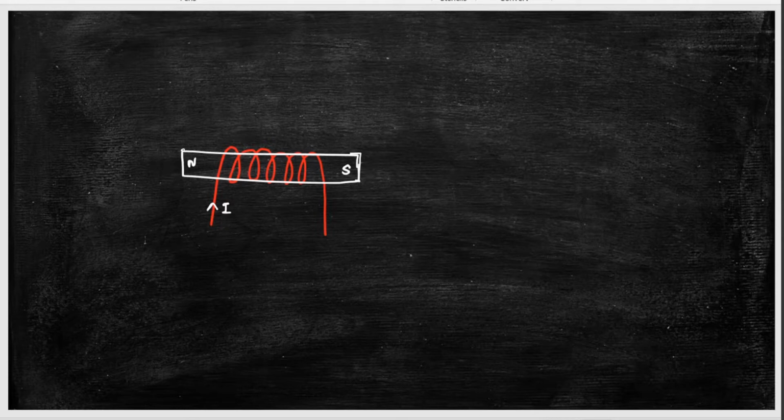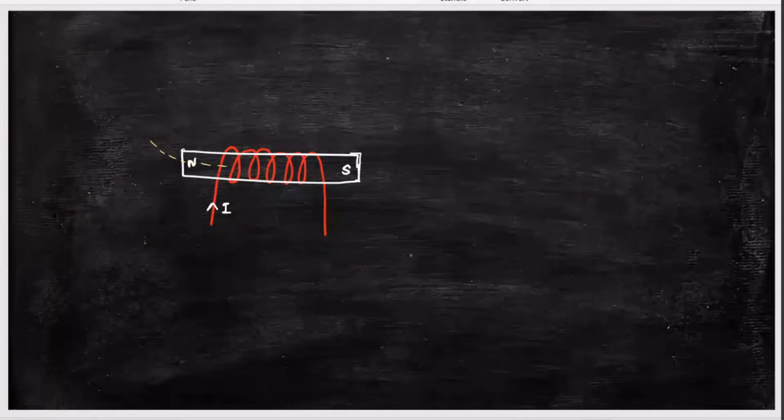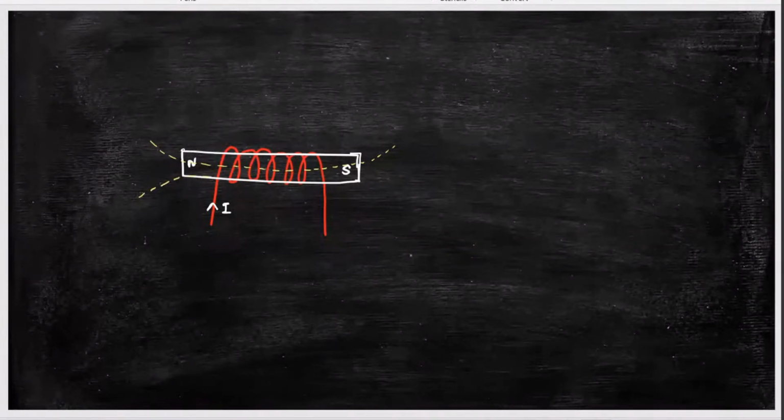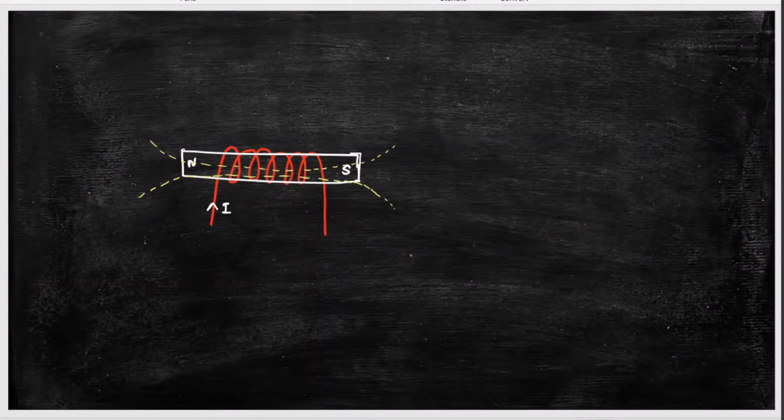Why are these north and south poles created? Because when current is passed into the coil, lines of flux will start flowing from the coil. Now we are keeping an iron piece, which is a ferromagnetic material, and the entire flux which is created inside the conductors of the coil is now traveling through this iron piece.